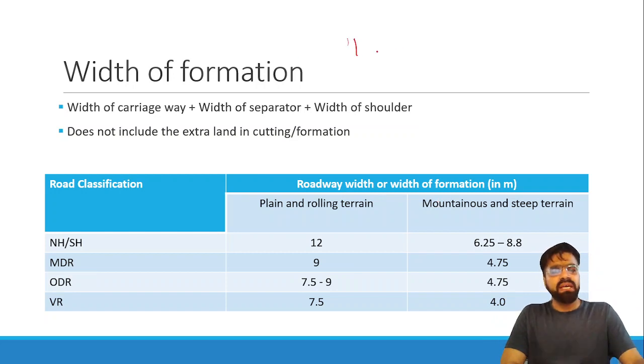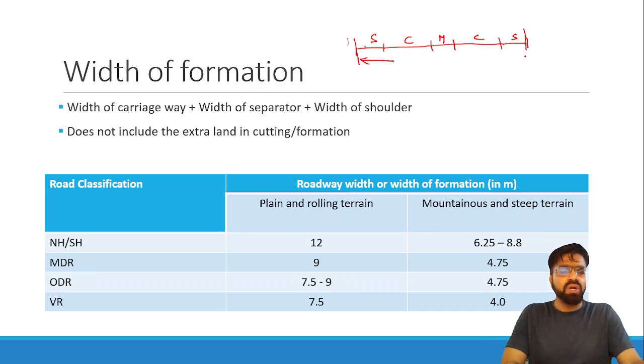So if we say there is a shoulder, there is a carriageway, there is a median, again a carriageway, and then a shoulder, this space is known as the width of formation, and this space should be defined properly in order to make the arrangement of required lanes. So IRC provides us a certain width which should be provided on the roads for these arrangements.